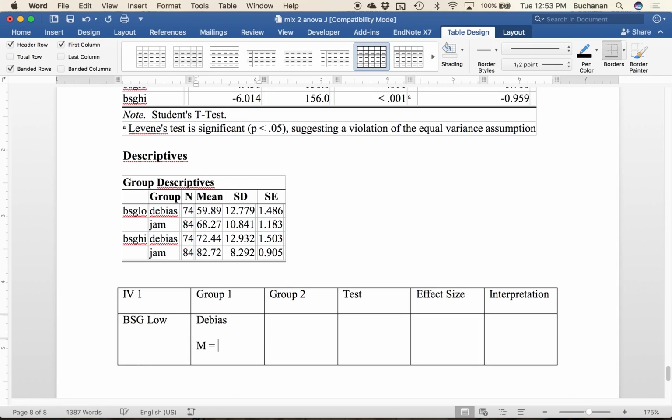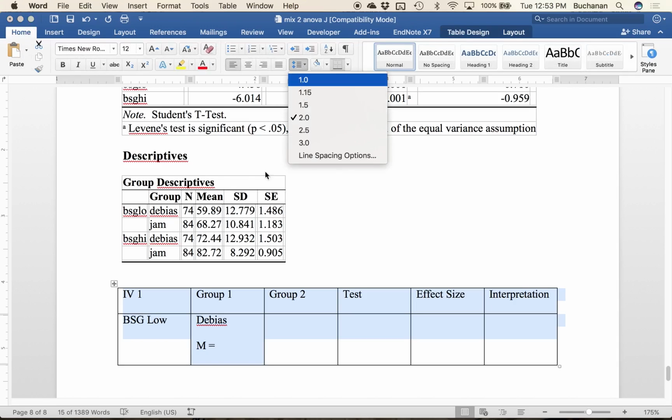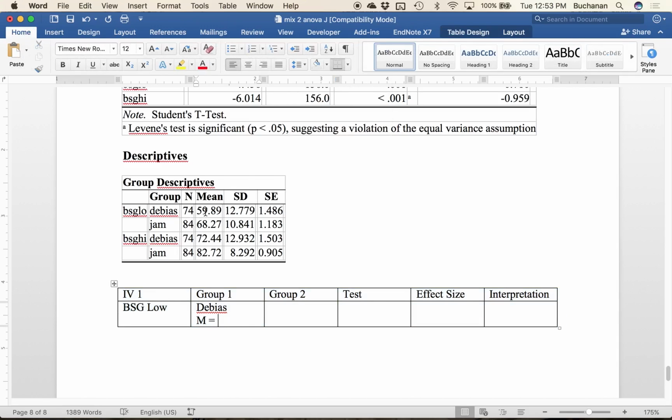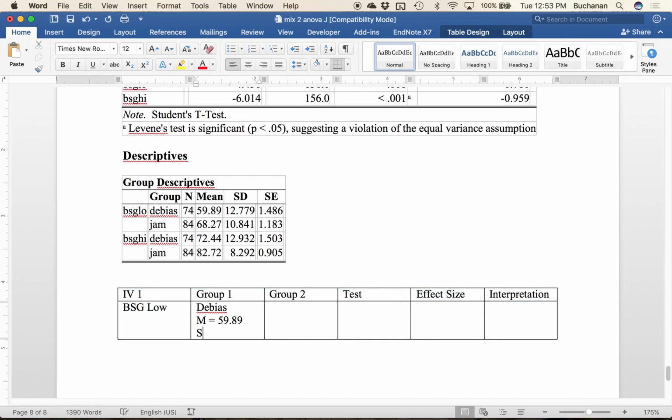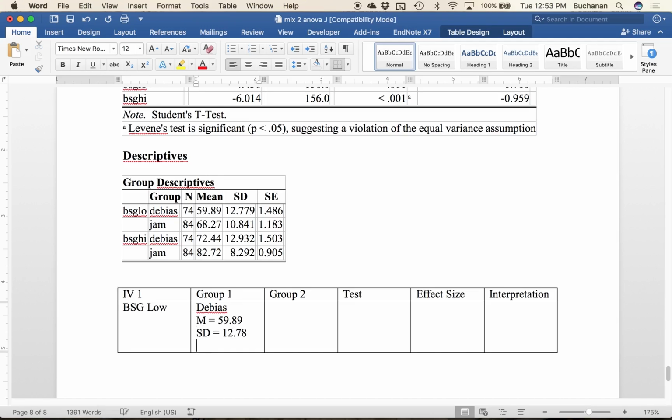Our debias group, let's turn off double spacing so it's all in the same place. Our mean is 59.89, our SD is 12.78, and we do have a specific n since it's an independent t, of 74. We're comparing that to a JAM group of 68.27 with a standard deviation of 10.84, and our n here is 84.